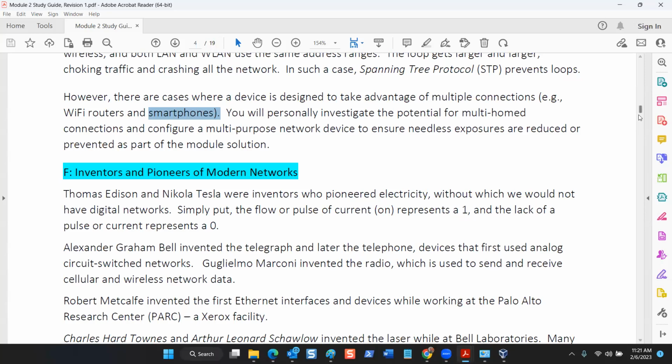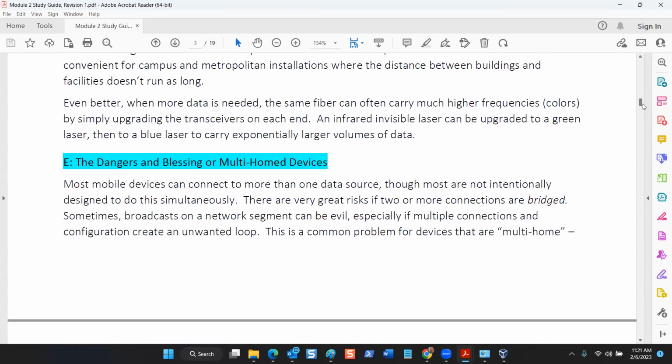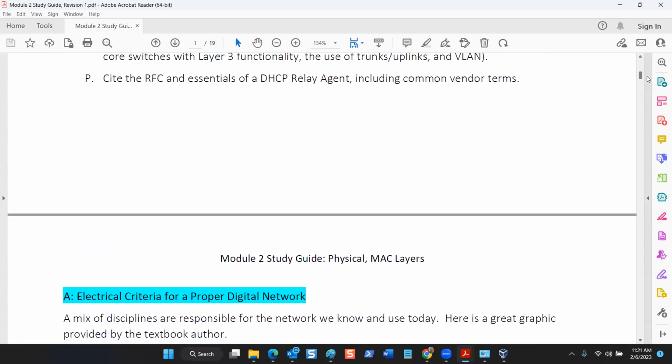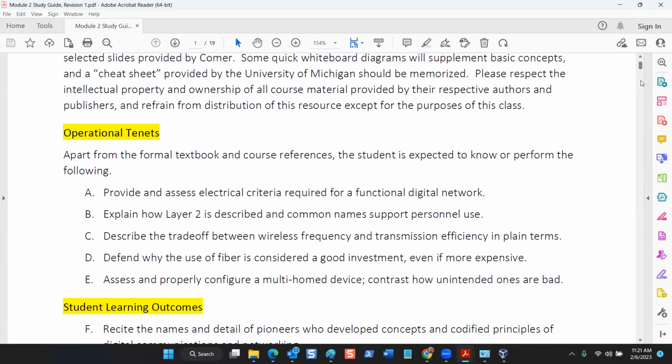material in this module that is not covered in your textbook. So when you look at the textbook and you look at the slides, these first 5 student learning objectives are my gift to you from 25 years experience as a certified Microsoft systems engineer, okay?